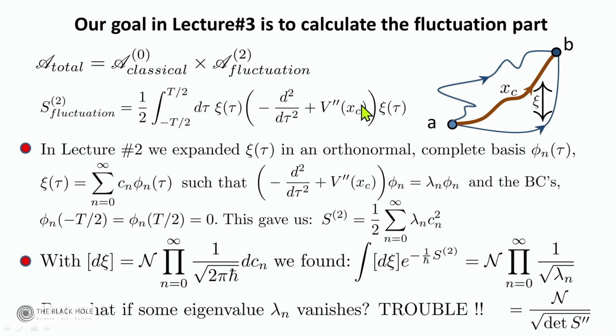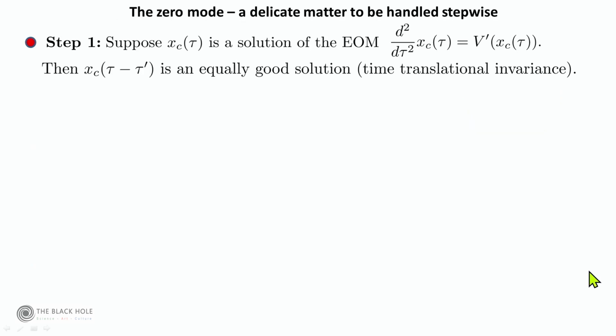So this is an operator which has got a lot of eigenfunctions and eigenvalues, but the problem is that what if one of these is 0? And this is called the zero mode problem, and this is what makes the whole Instanton thing a little complicated, but we learn how to deal with that.